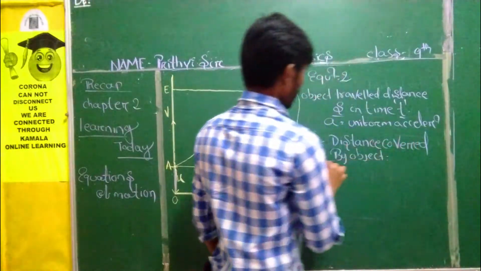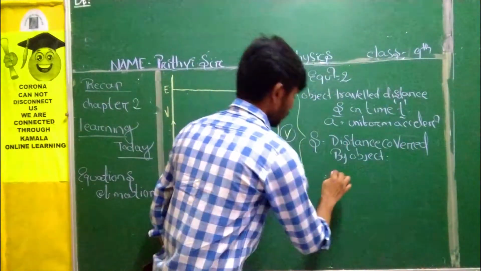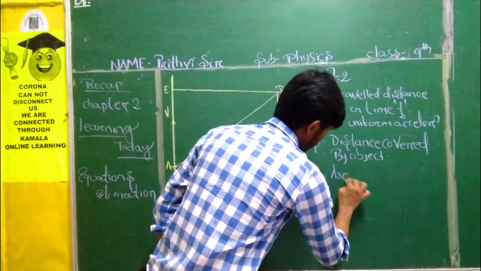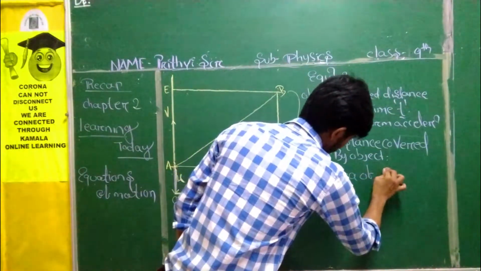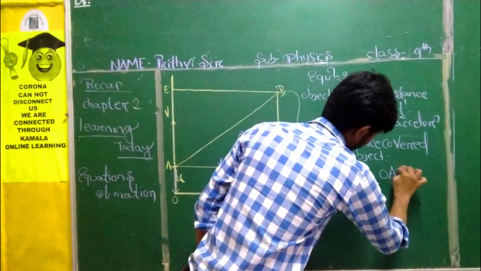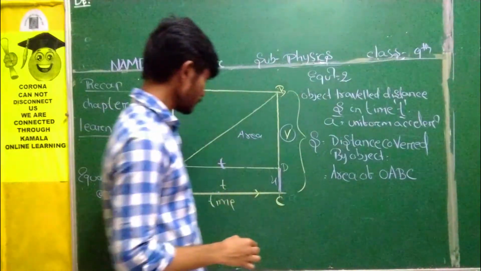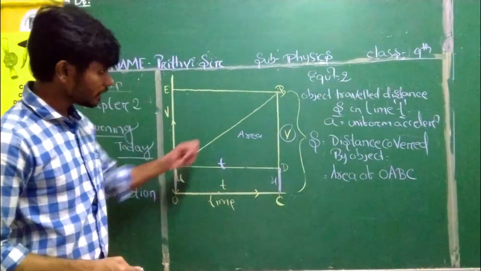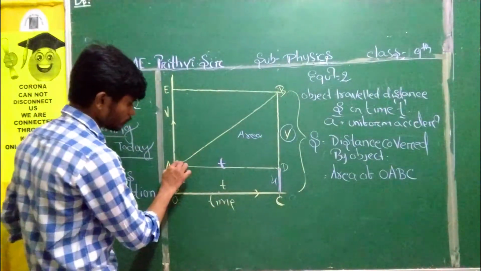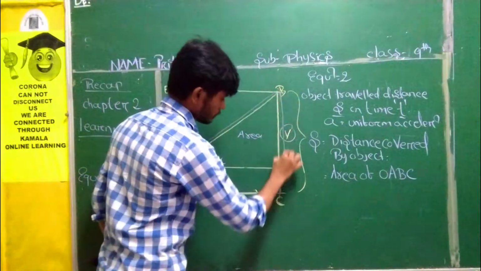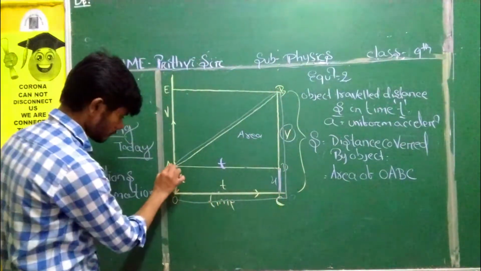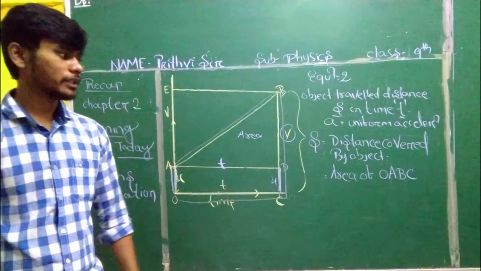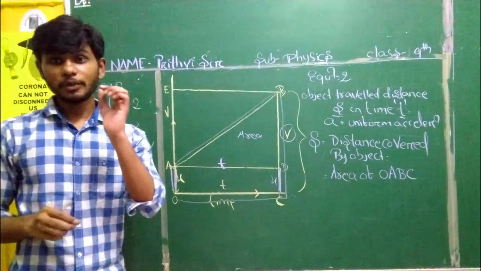Okay, and S is equal to what? Area of what, students? OABC, the huge one. The entire trapezium we need to find out. Here, pay close attention.